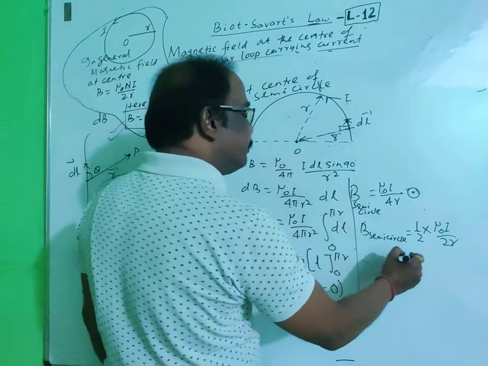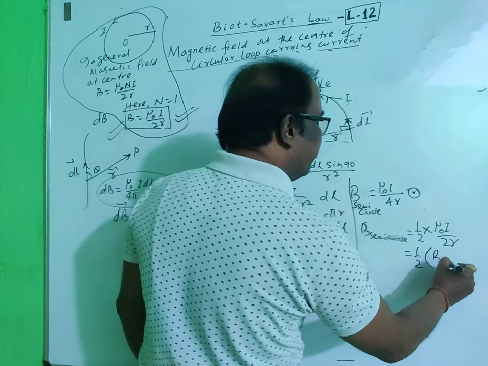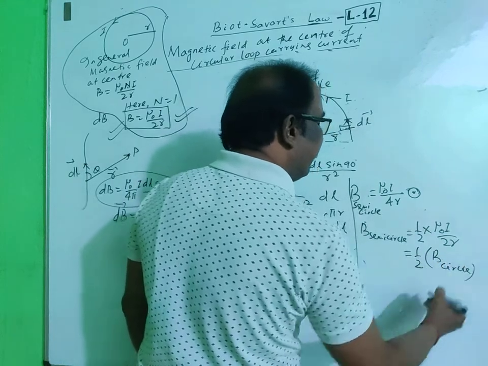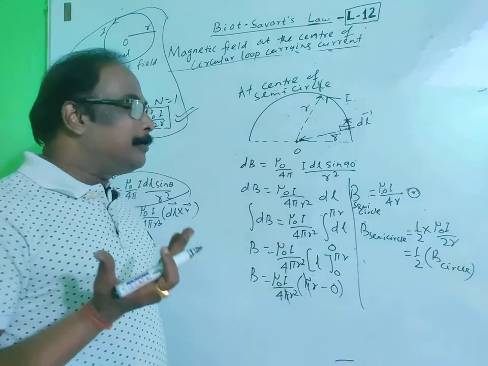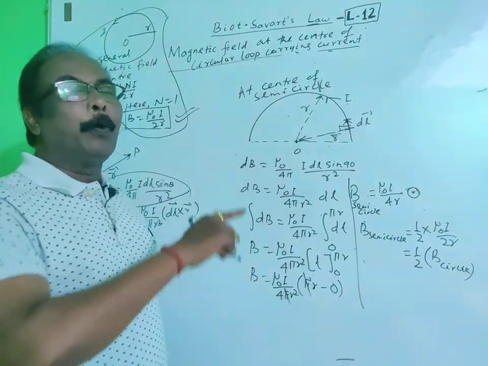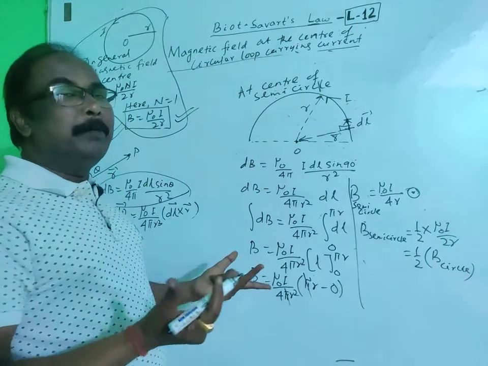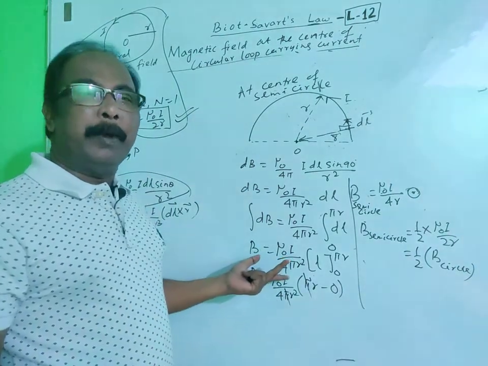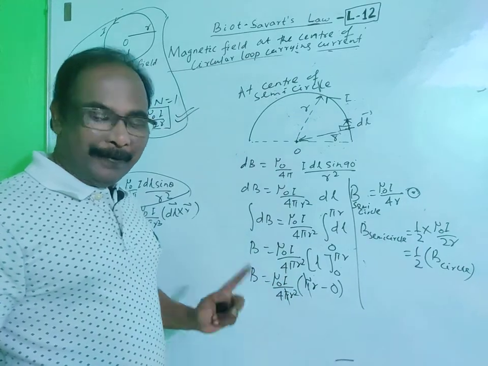So we may write this equals half into the magnetic field due to a circle. This is the concept, just remember this. It is easier to remember. For a total circle, the magnetic field is B, then for a semicircle, the magnetic field is B by 2, meaning half the magnetic field due to the total circle.